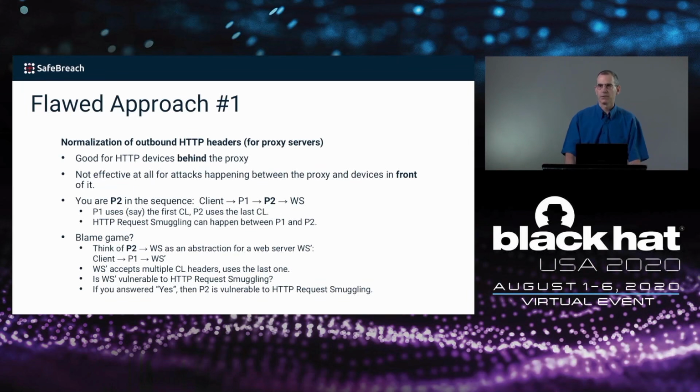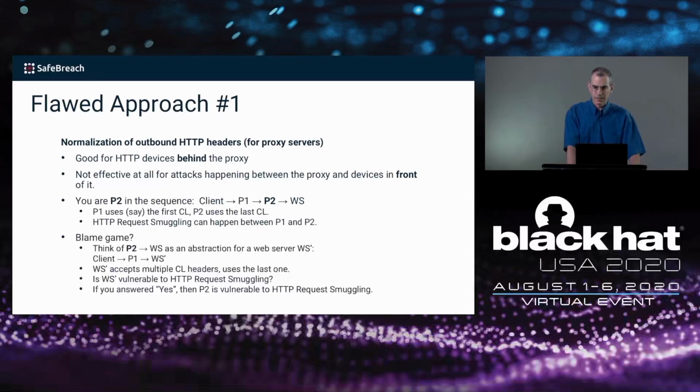So for example, if you are a client and there is a proxy P1, and then you are proxy P2 in this chain, and finally there's a web server, and P1 uses, say, the first content length header, and P2 uses the last content length header, then you can mount an HTTP request smuggling between P1 and P2.